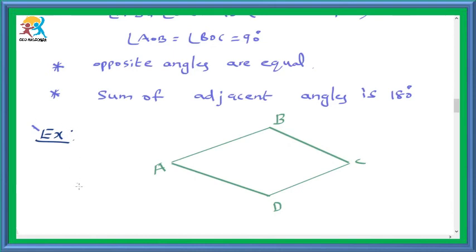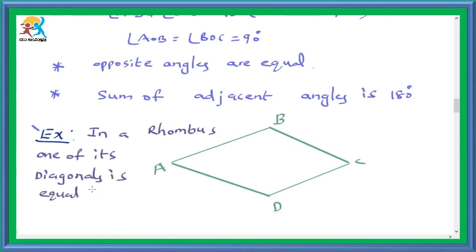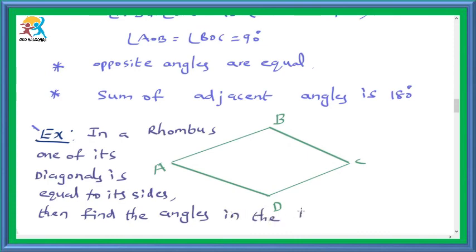I will write the question here. In a rhombus, one of its diagonals is equal to its sides.